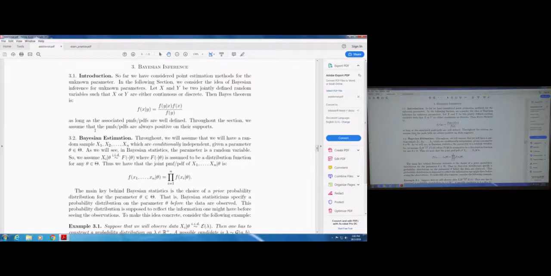Okay, so for this optional piece of notes, what we were talking about was the idea of Bayesian statistics. Just as we had for maximum likelihood estimation, we have a random sample, x1 up to xn, but in this case they're a random sample which are conditionally independent, given a population parameter which you want to estimate.